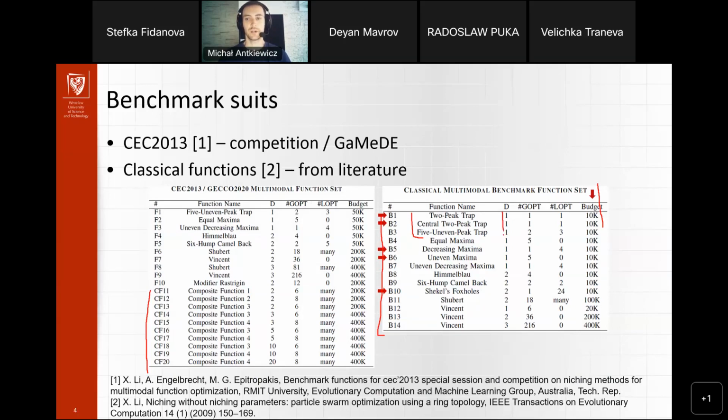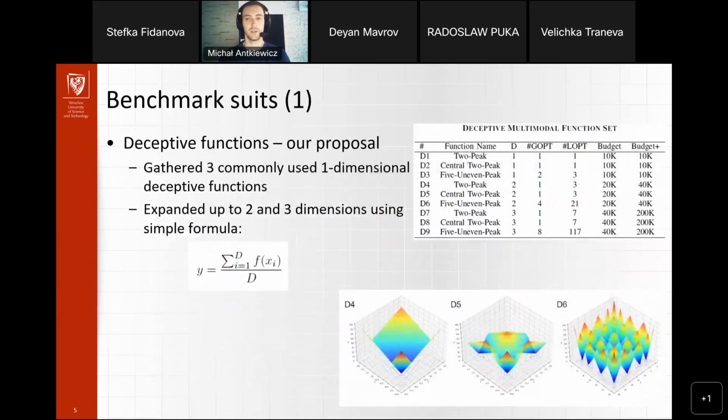But unfortunately, there are only one-dimensional deceptive trap functions, and we would like to test our algorithm on multi-dimensional trap functions. So we proposed a simple formula just to average those functions across multiple dimensions. So we expanded those three instances up to 2 and 3 dimensions.